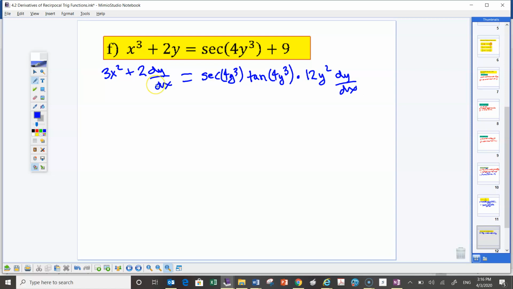So now I want to get all my dy dx terms on one side. So I'll subtract the 2 over to the other side. So I have 3x squared is equal to, I'm going to move this 12y squared just out to the front.